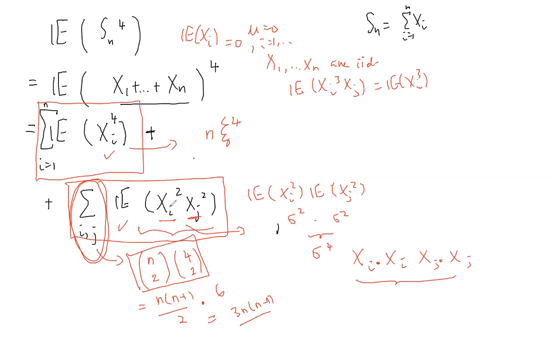This is how you can get your xi square and xj square. So this one I label, I just put a label on it, right? Okay, so 4 choose 2 denotes the number of ways you can rearrange the terms here, okay?